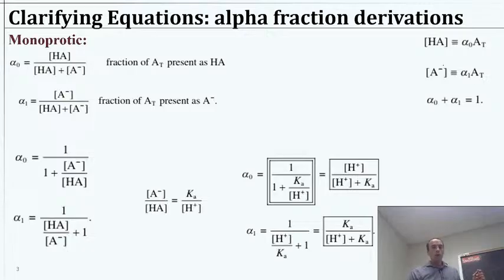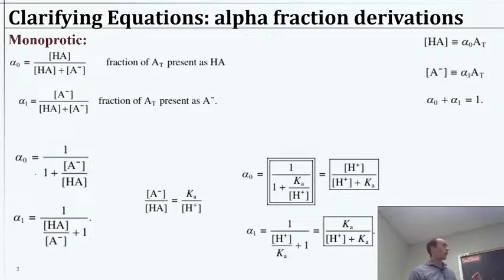Now, we also know, of course, alpha 0 plus alpha 1 is equal to 1 for monoprotic. We could say plus alpha 2 if it's a diprotic, and so on. So we know all that stuff. Now, once we have this form, we divided the top and the bottom by HA.